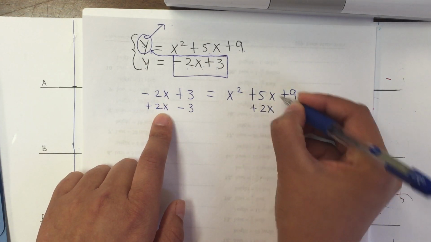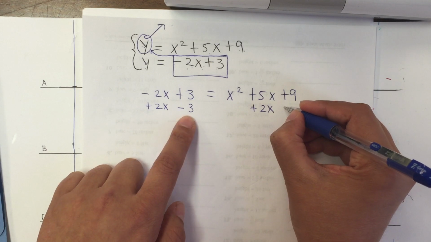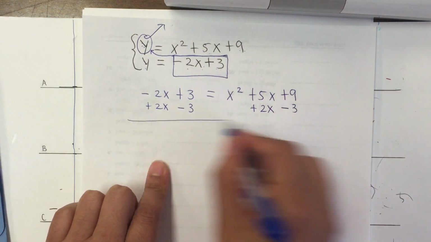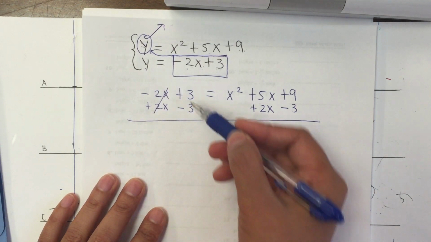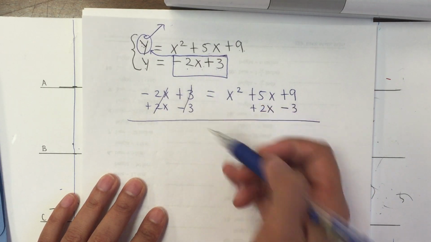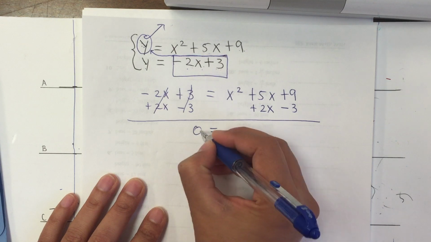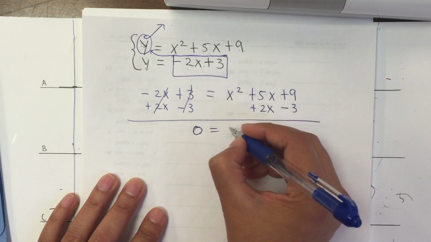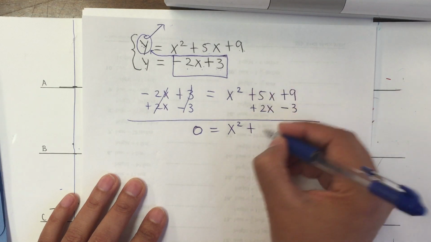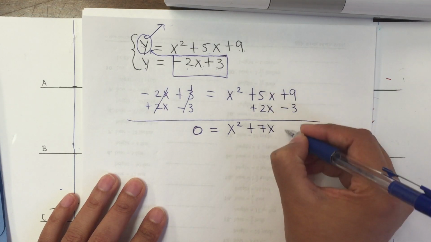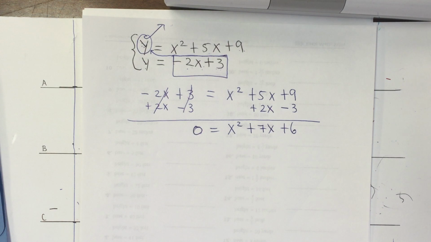Adding 2x, and notice how I align it with the x to make it easier, and subtracting 3. And that way in here, by adding, I cancel this, and by subtracting, I cancel this, and that's going to be equal to 0. Now on the other side, I have x squared plus 7x plus 6.